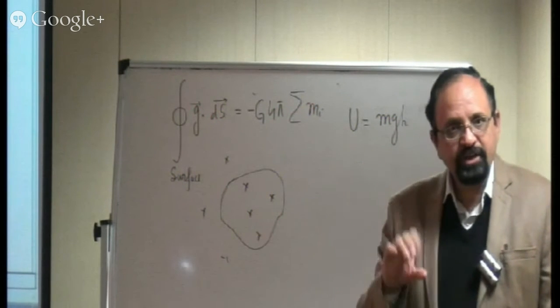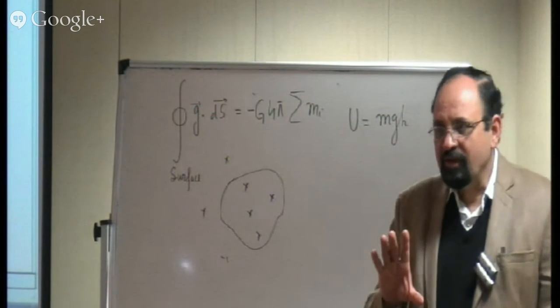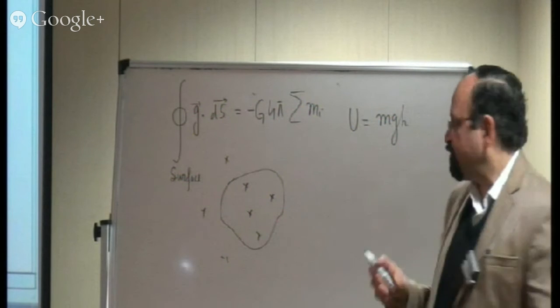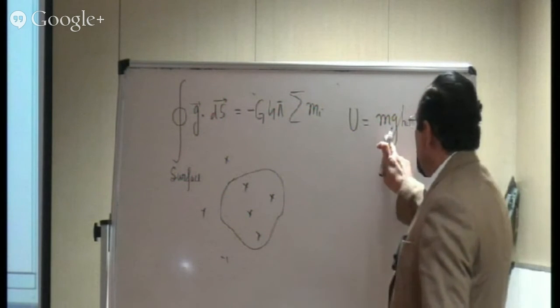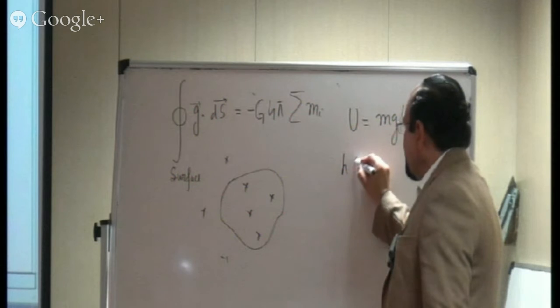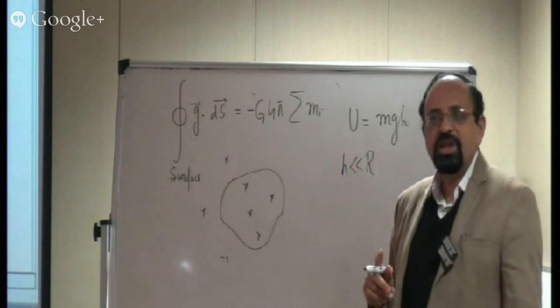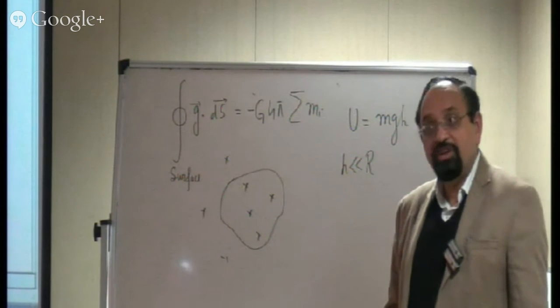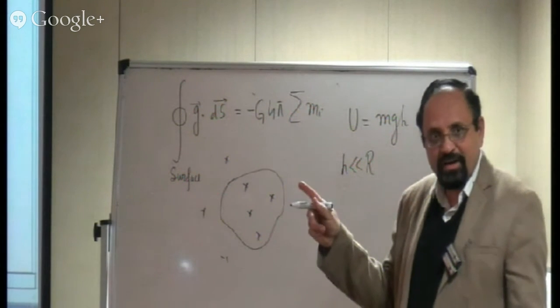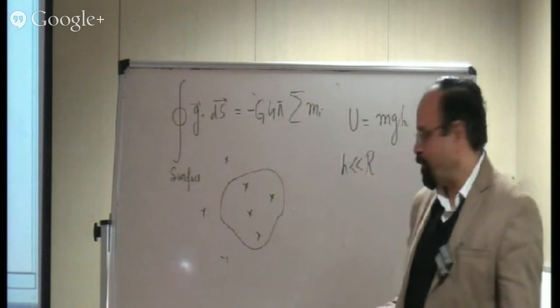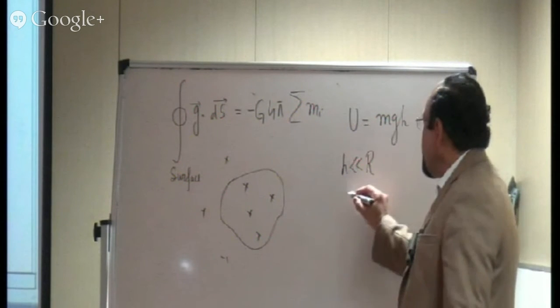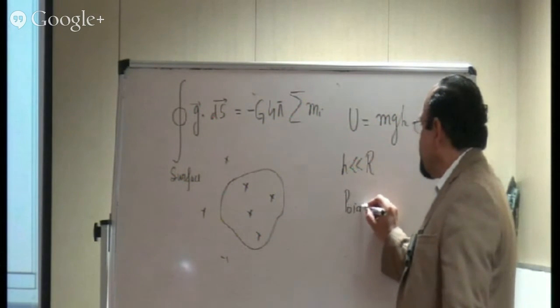That means your height should be as small as possible as compared to the radius of Earth. If you are using this formula, please keep it in mind that h should be very, very small as compared to the radius of Earth. Otherwise, what will happen? g will vary. We have studied this thing. Variation of g is there. Moreover, this is applicable only for point masses.